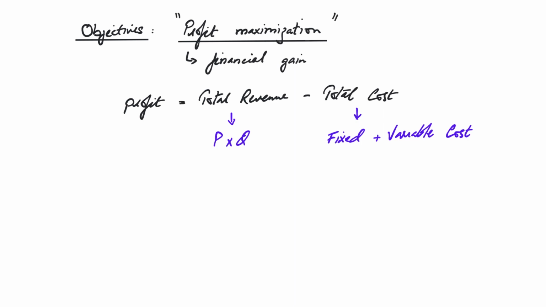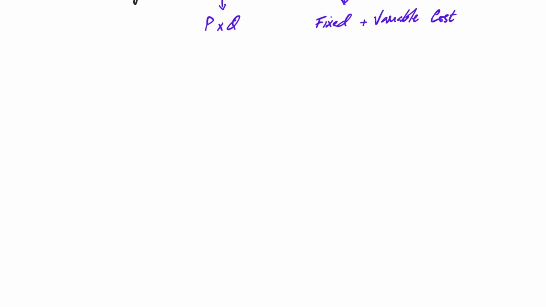All right. So since this is a case and we're saying firms' objective is that they want to make sure that they maximize their profit. So let's make a table and see if we can figure that out.